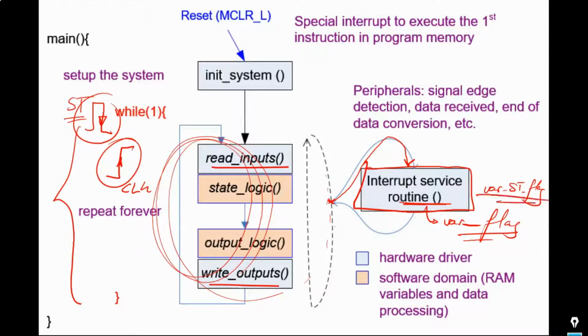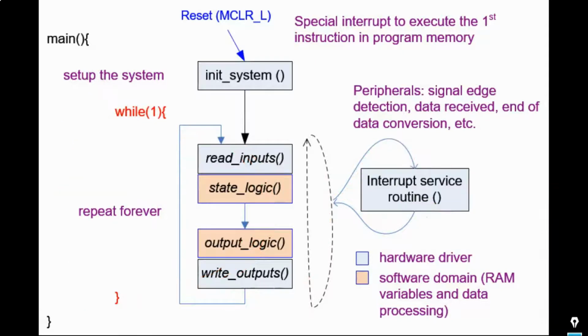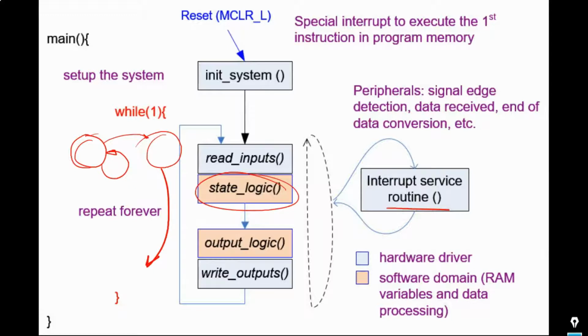In this way, when you go back to the main program with this flag set, the state logic can decide what to do, because you know that these arrows, these state transitions, depend on two conditions or three conditions, or at least one condition. There is always, for example, the clock flag to be attended.